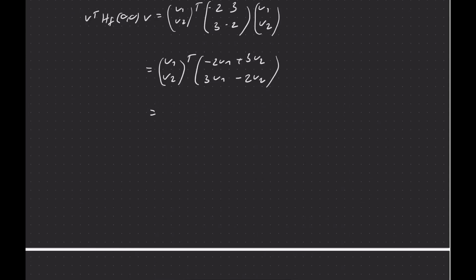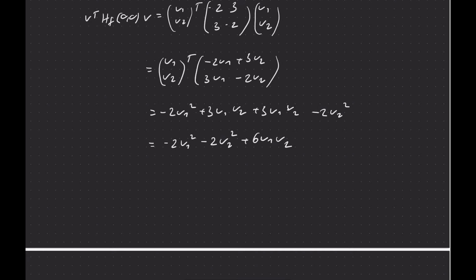And so what we get is -2 V1 squared plus 3 V1 V2 plus 3 V1 V2 minus 2 V2 squared. So we have -2 V1 squared minus 2 V2 squared plus 6 times V1 V2, that mixed term here.